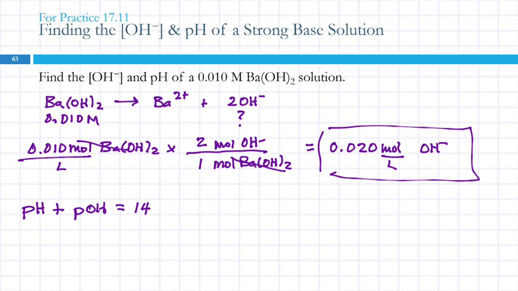Or we could take this and find the pOH and subtract it from 14, which just seems easier to me. So the pOH comes directly from the hydroxide ion concentration, which we just found out. Negative.